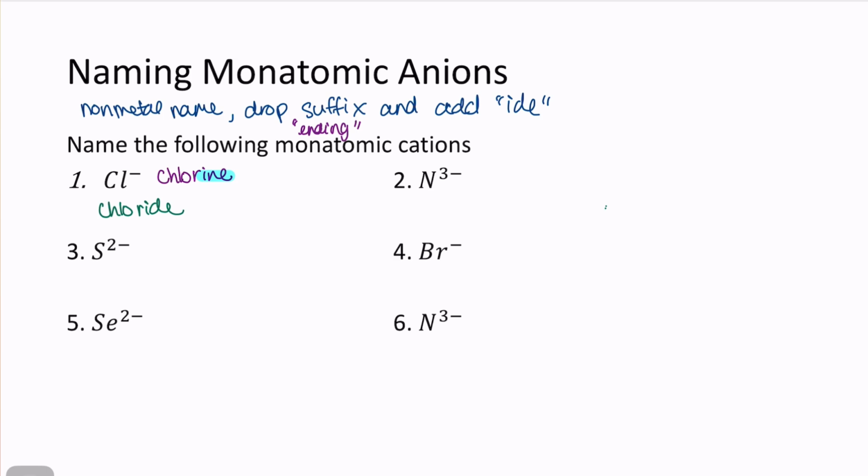So my next example is nitrogen. The suffix for nitrogen is the "ogen", and the name of my anion is nitride.